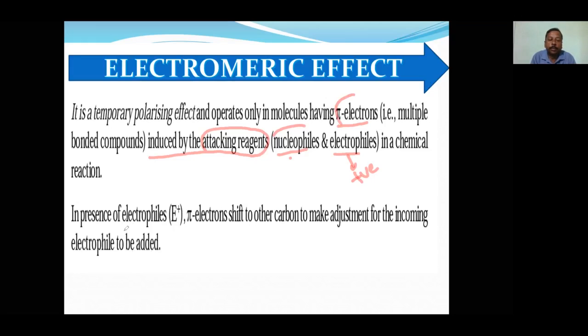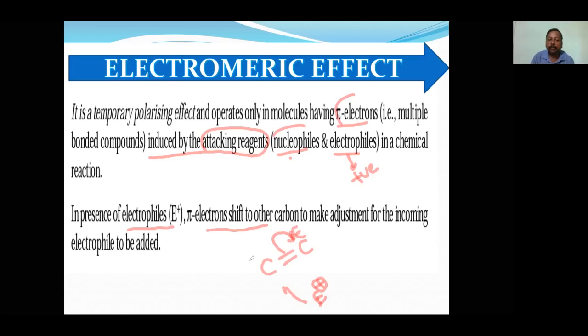In the presence of an electrophile, pi electrons shift to the other carbon to make adjustment for the incoming electrophile to be added. Suppose this is a pi bond. Now the electrophile is approaching. Electrophile means this positive. So now this electron will shift here, which I will again explain through the diagram.